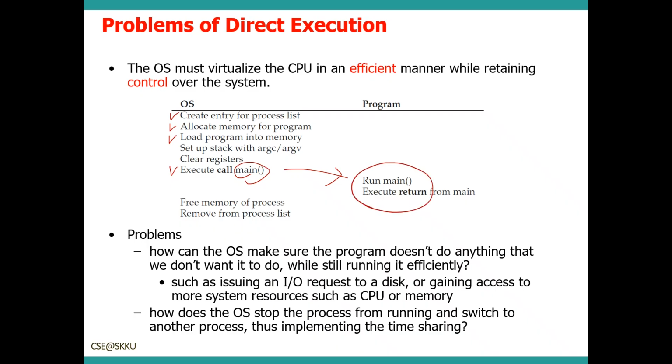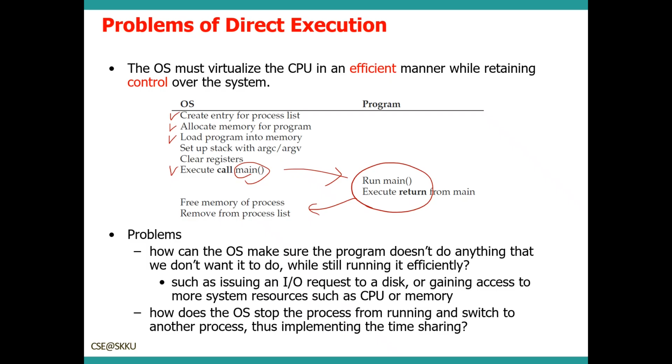This basic direct execution protocol uses a normal call and return to jump to the program's main and then back to the kernel. But this approach gives rise to a few problems in virtualizing the CPU.